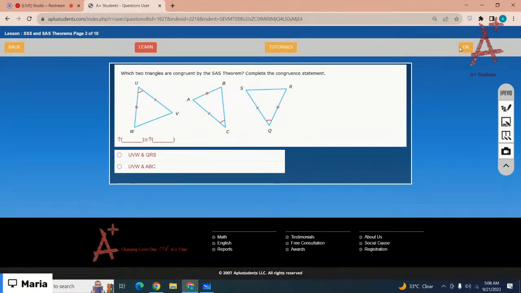Okay, which two triangles are congruent by SAS theorem?